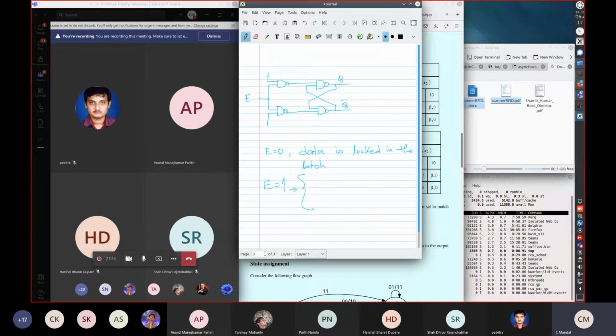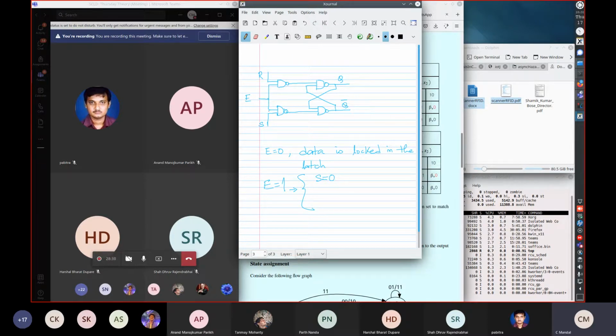Okay, let us call these set S and R. So S equal to 0, this one becomes 1.